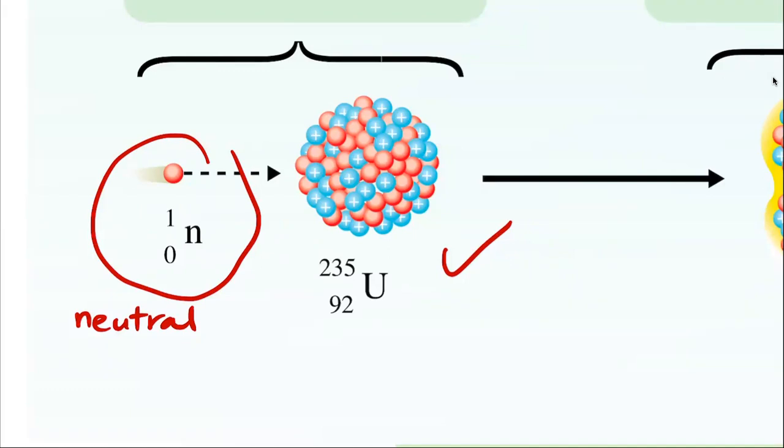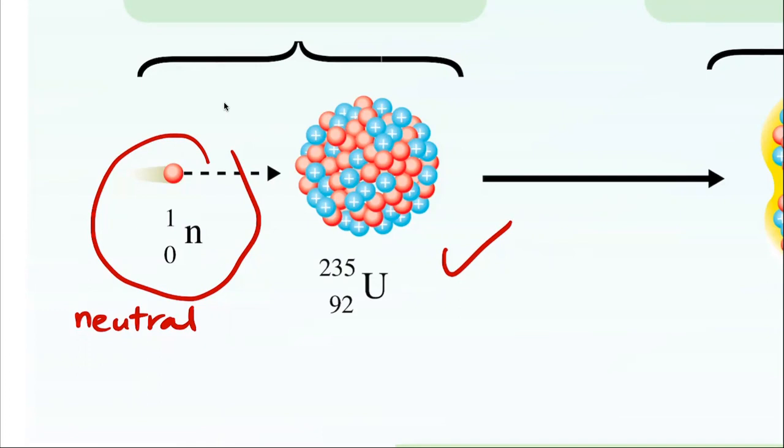So if we use a proton to bombard the nucleus of the uranium, what will happen? Proton and proton. What will happen if you use a proton to bombard the uranium?